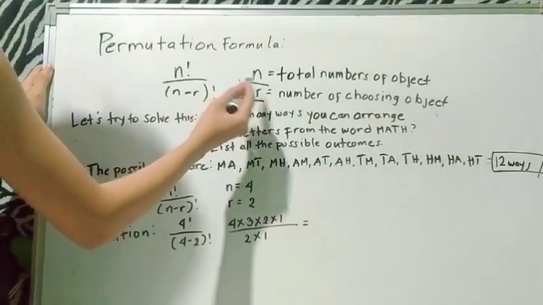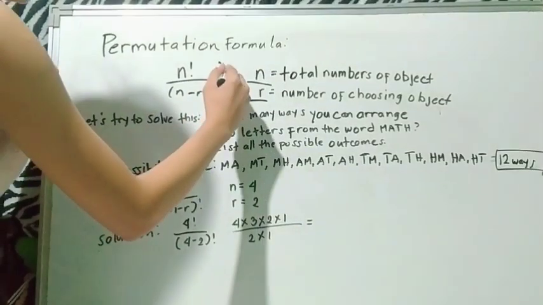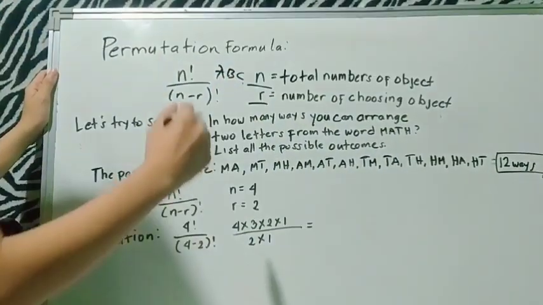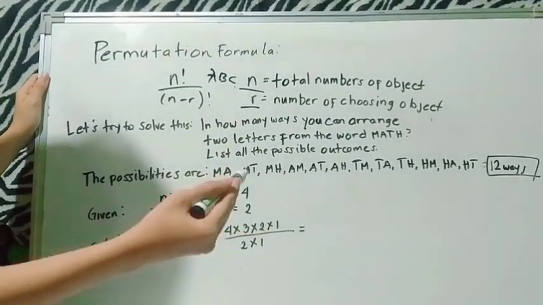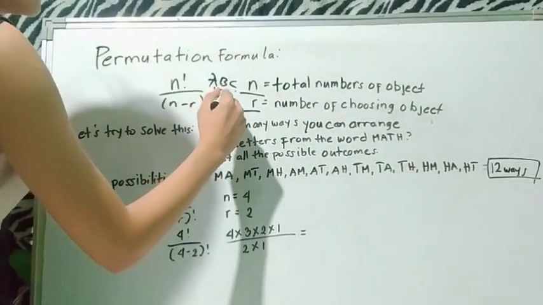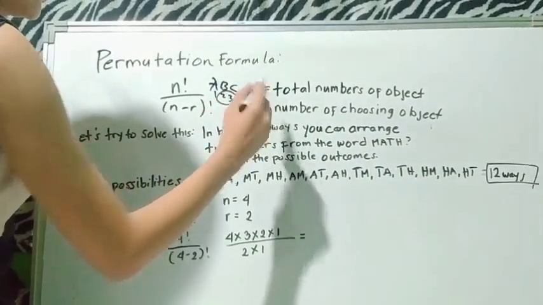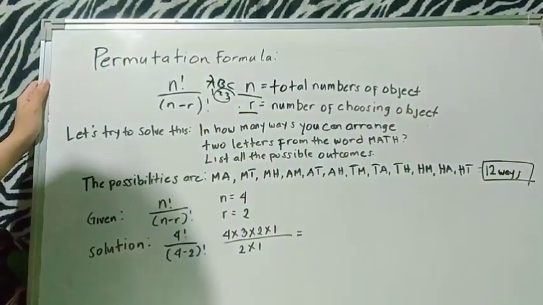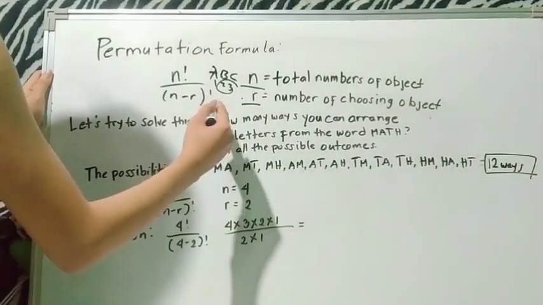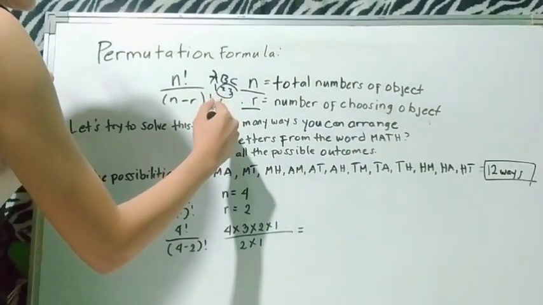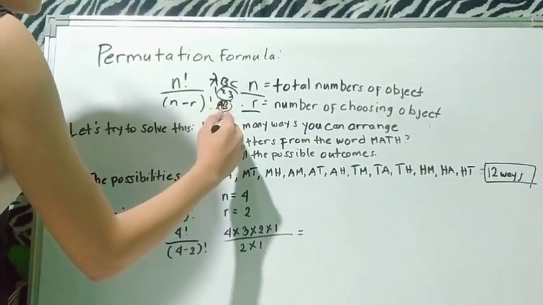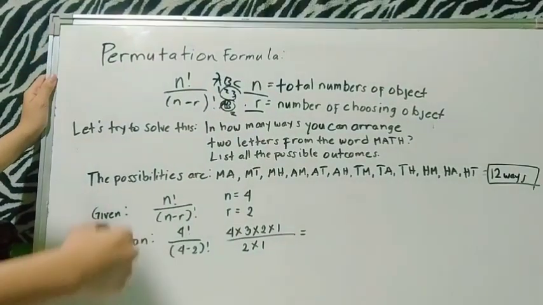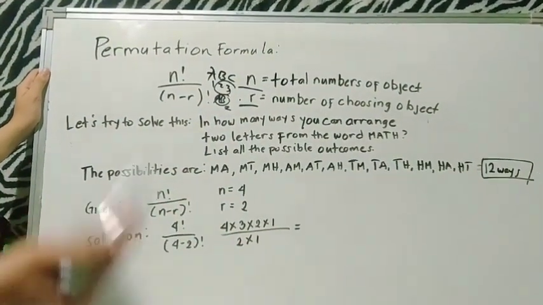For example, A, B, C. How many total objects are there? 1, 2, 3. So there are 3 total objects. Our r here, for example, we group it into 2, like A, B. So there are 2 chosen objects.